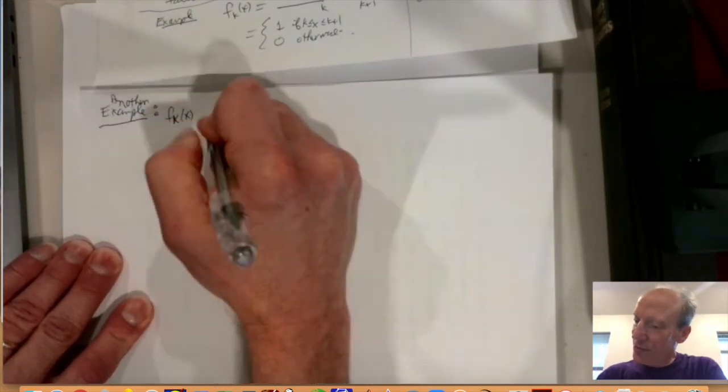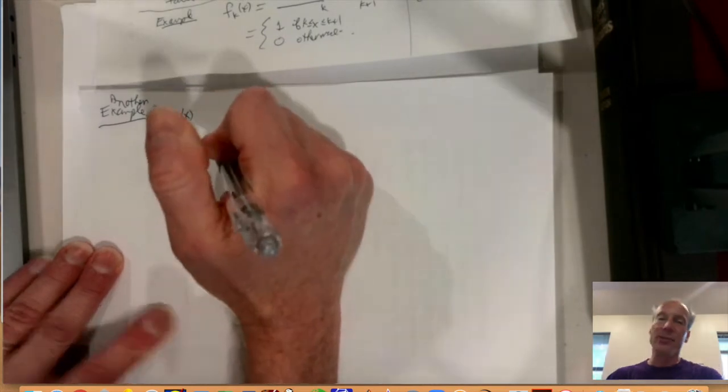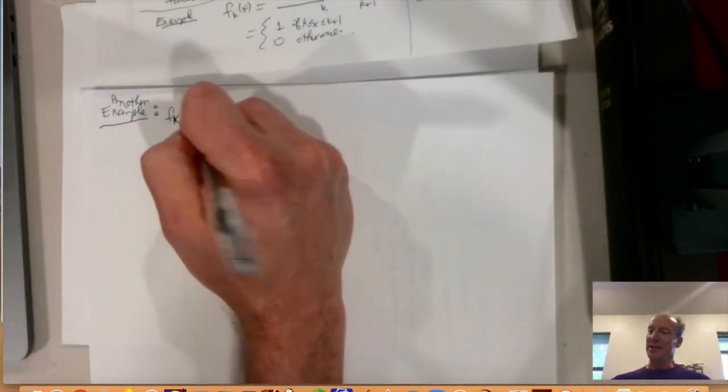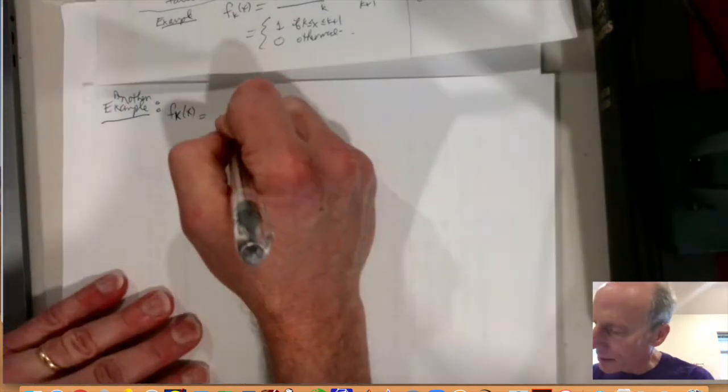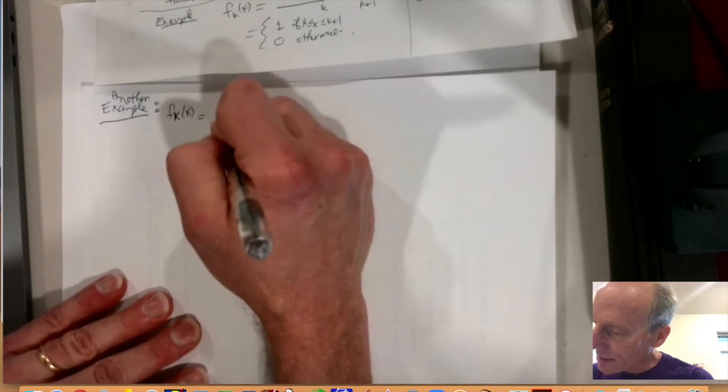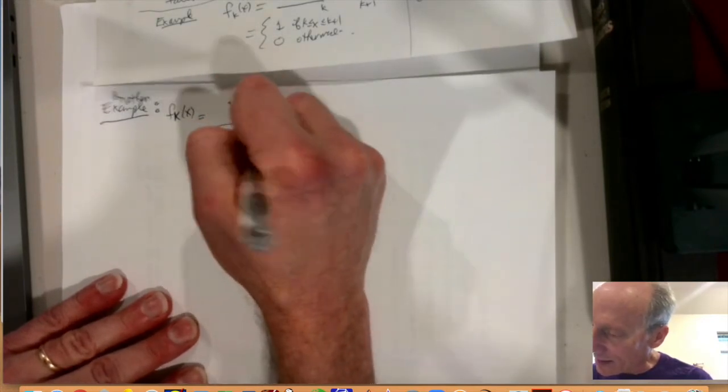Now this is kind of tricky to think about. You might want to just stop and see if you can come up with an example. But let's see if anybody can come up with one right off the top of your head. And I'll give you a hint. It looks sort of like this.